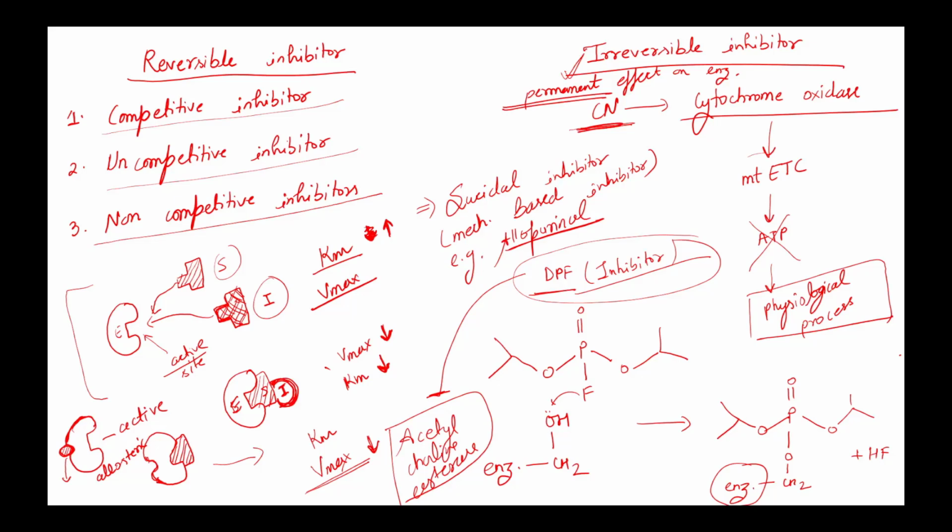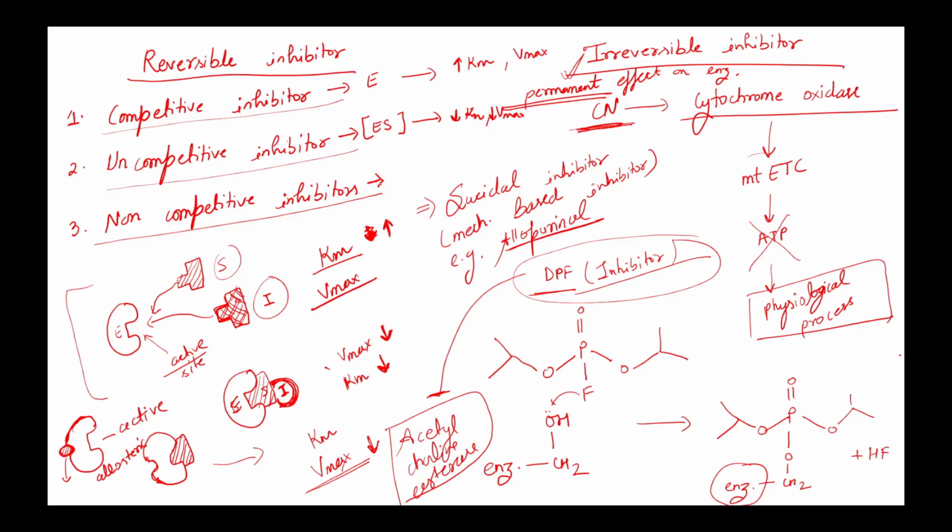So a competitive inhibitor can only bind to the free enzyme, and it increases the Km, while Vmax remains unchanged. An uncompetitive inhibitor could only bind to the enzyme-substrate complex, and it decreases both Km as well as the Vmax.